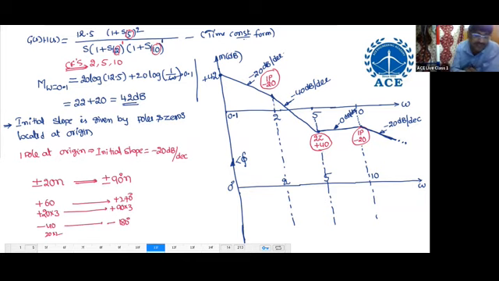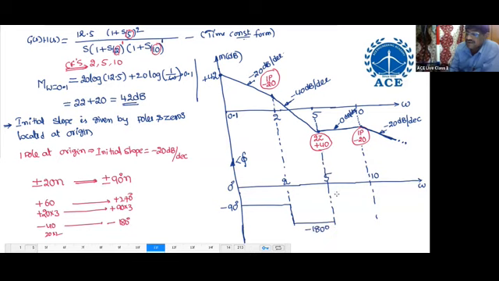For example, see here. Slope is minus 20. Minus 20 means minus 90, that's all. Minus 40 means minus 20 into 2, that means minus 90 into 2, that means minus 180.